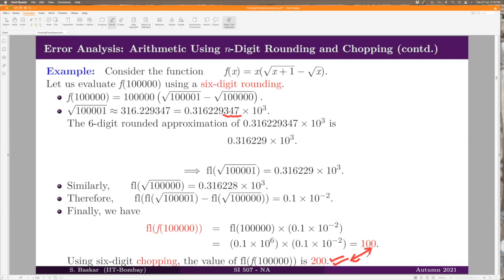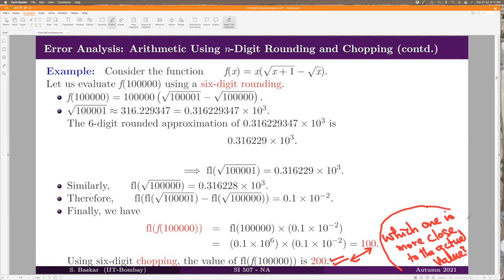What we are doing seems to be not a very significant approximation. It has a very small error in magnitude, but in the final answer you can see that there is a big difference between the numbers. Now the question is, which one is closer to the actual value? Well, we will come to this part a little later.